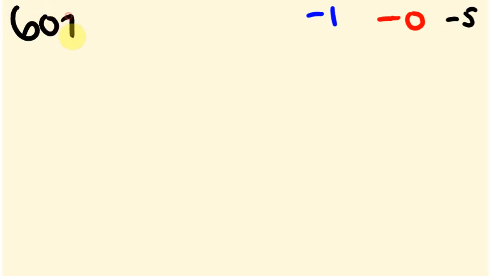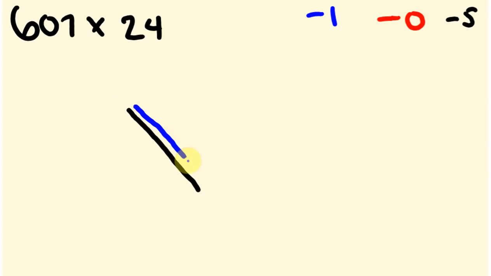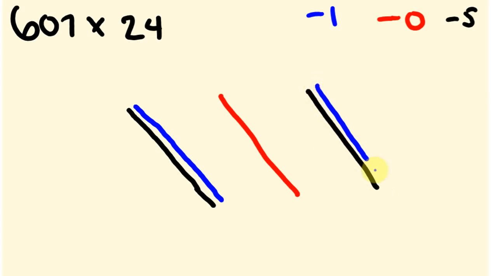607 times 24. Okay, last question. Give this a go. Okay, so pause it. All right, 607 times 24. So we have, do this fairly quickly, okay? So this is our 6. Make that a bit bigger. And 107. Hopefully you've gotten something that looks a bit like this. Times 24.